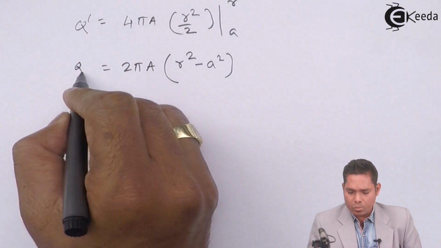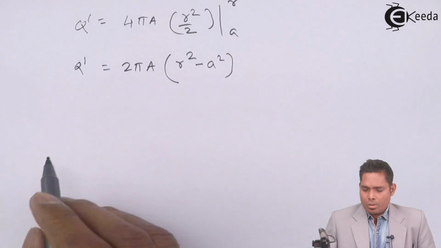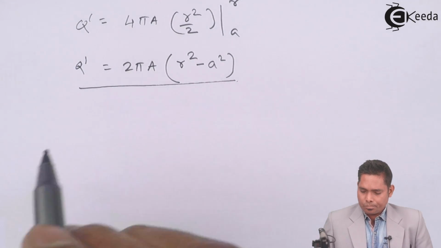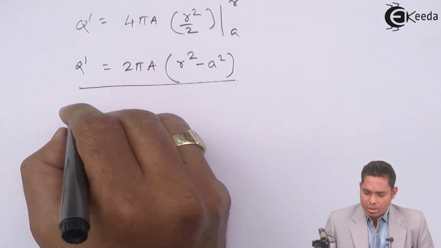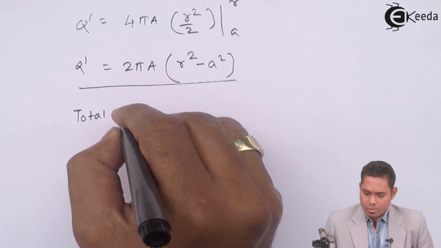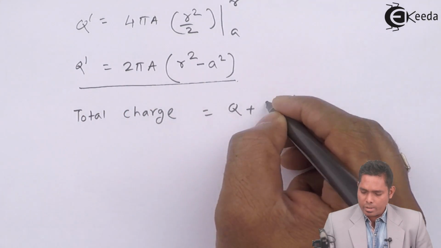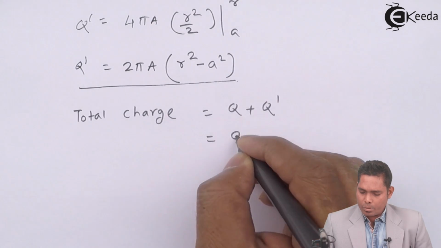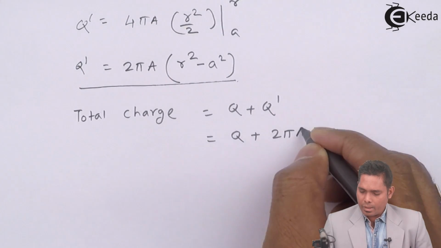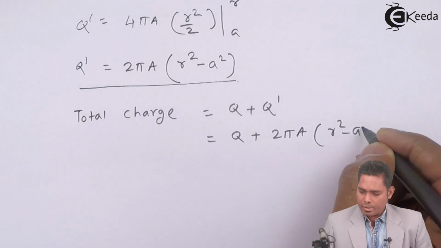This is the charge Q dash. Now the total charge is Q plus Q dash, which is Q plus 2 pi a (r squared minus a squared).